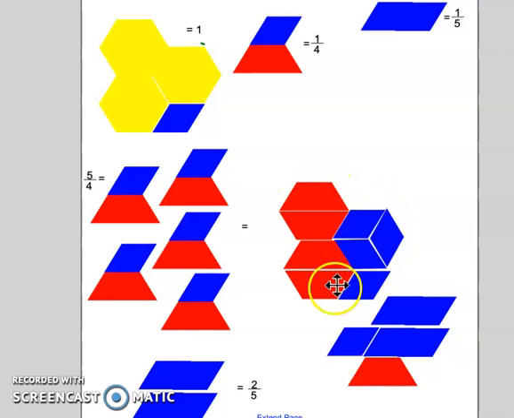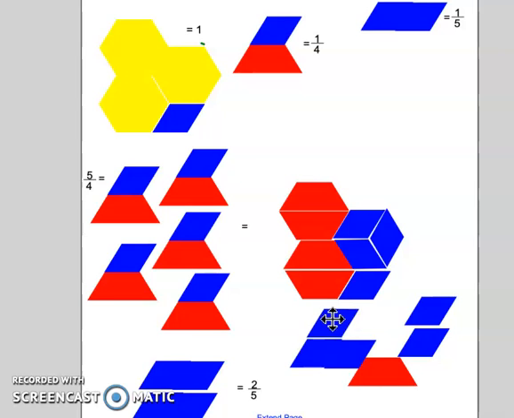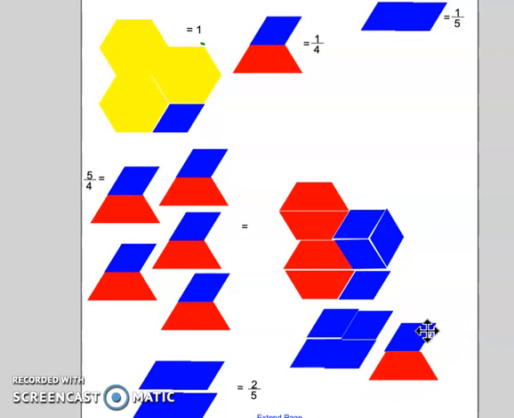So we see we have one whole and some more. What is this extra? We can think about it in terms of 20ths by counting each of these green pieces that take up the same space. 2, 4, 6, 8, 10, plus 3, 13 20ths. Or we can think about it in terms of 4ths and 5ths, but as we just counted, 13 20ths is not going to be equivalent to either 4ths or 5ths.